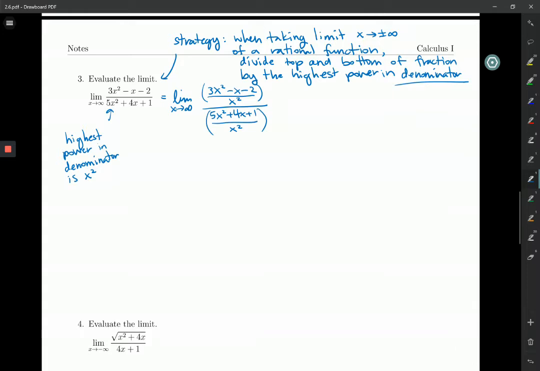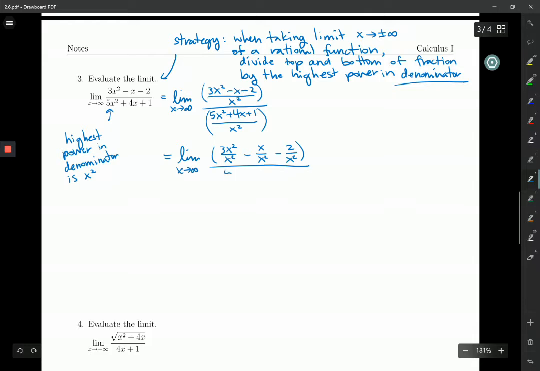Okay, now I know it looks like we just made everything more complicated, but I promise you this will work out. So what we do now is we're going to split this into different fractions. We'll get 3x squared minus x over x squared minus 2 over x squared.